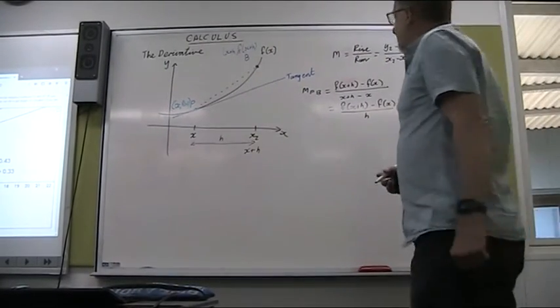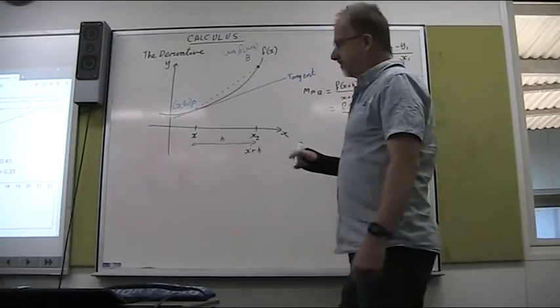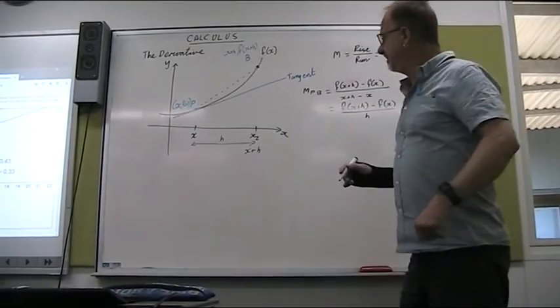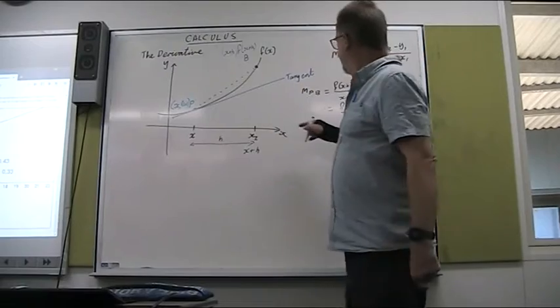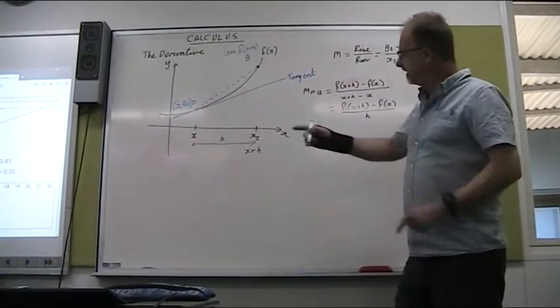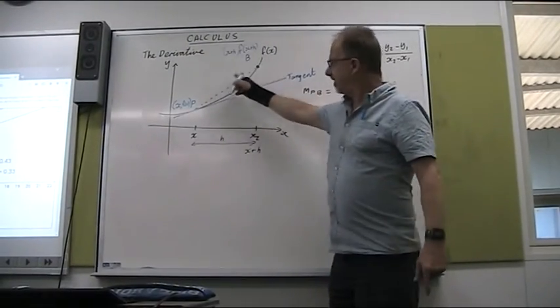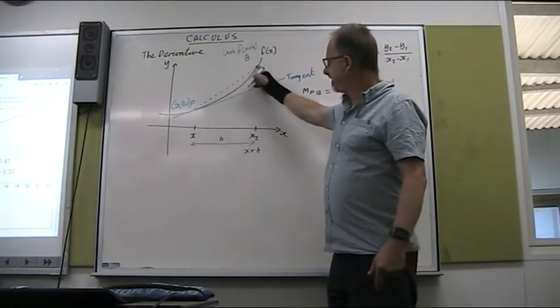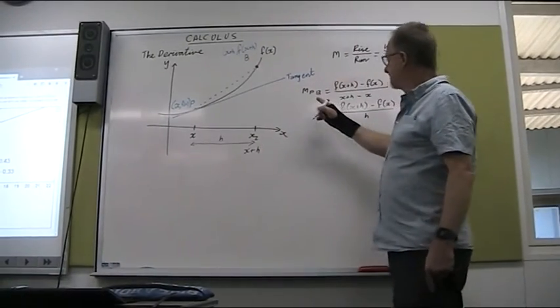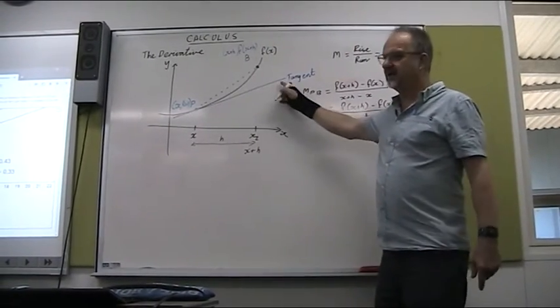And what we know from looking at that diagram is, if I make this h smaller, then the gradient of the purple line here, the red line in that graphic, becomes closer to the gradient of the tangent.